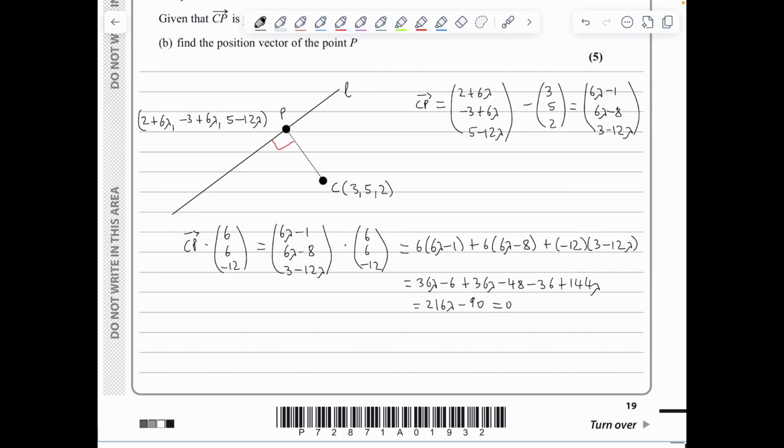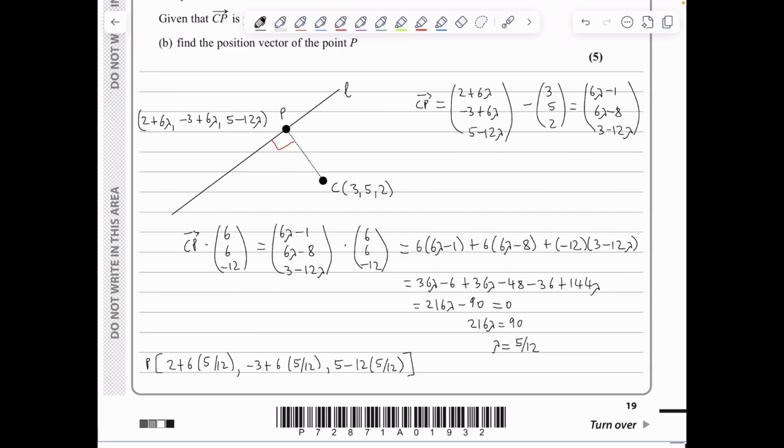We know this must be 0 because we're looking at the right angle. Whenever we've got a right angle, the dot product is 0, leading to 216λ being equal to 90, and therefore lambda turns out to be 5/12. So we can proceed into substituting into the coordinates for P. So it's 2 + 6 times 5/12, comma, -3 + 6 times 5/12, comma, 5 - 12 times 5/12.